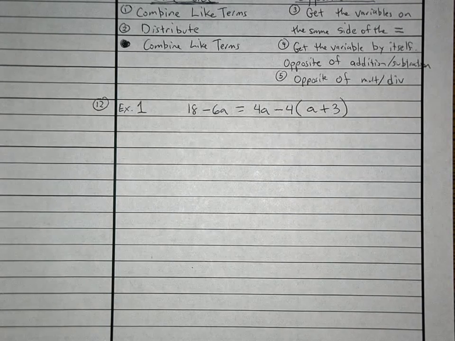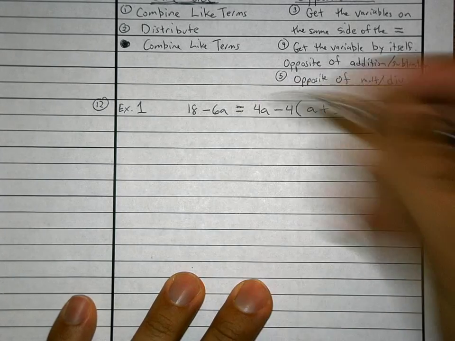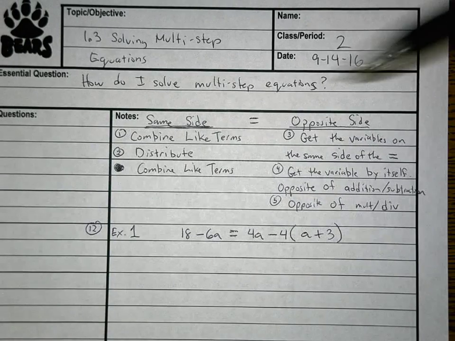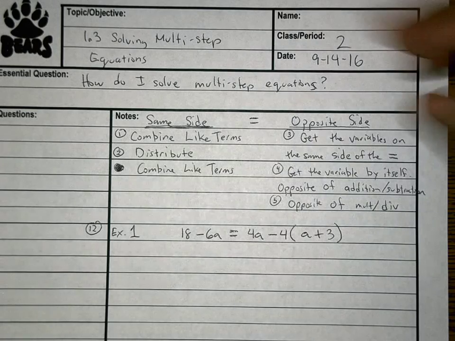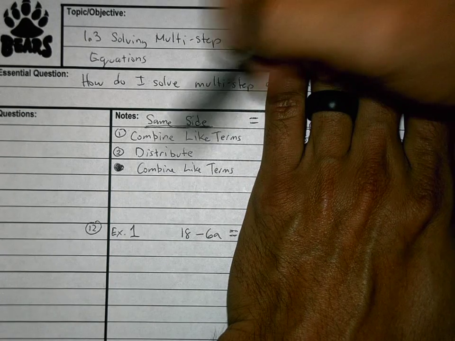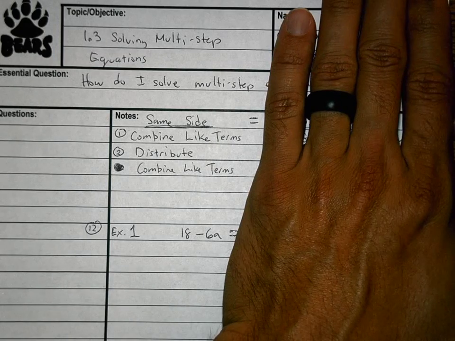What I'm hoping you're going to do after you write this down. Here's an equal sign. What I mean when I look at your notes and it says same side and opposite side, we're going to try to see if we can do things that are on the same side first, and we're going to try to do 1 and 2 if we can.